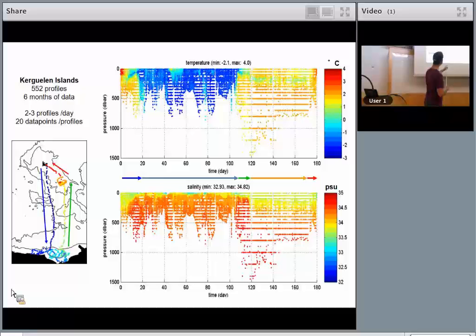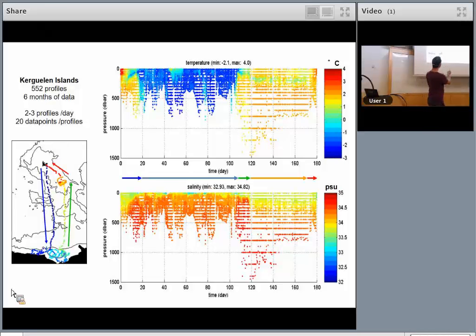And then we reconstruct the properties of temperature, here as a function of pressure, equal depth again, and as a function of time, you have the variation of temperatures. And here the same for the salinity. So you can see that you have a pretty large variation in both temperature and salinity in the first 3 weeks when they go to Antarctica.